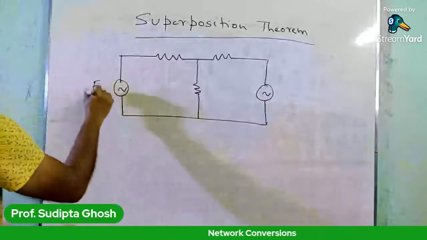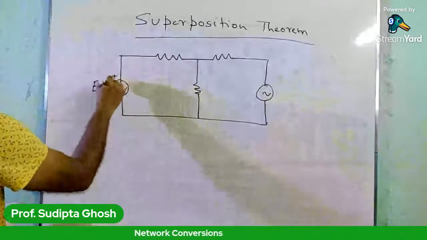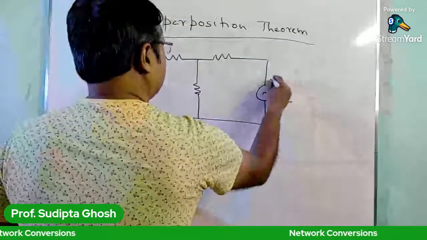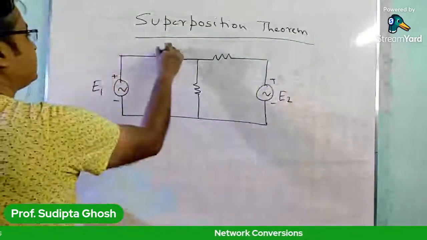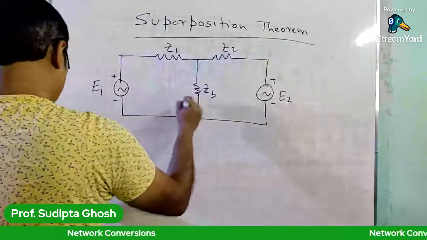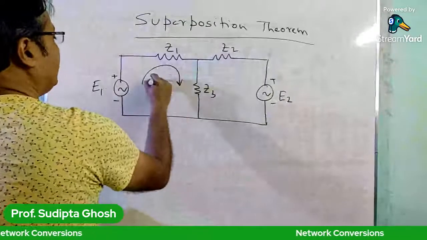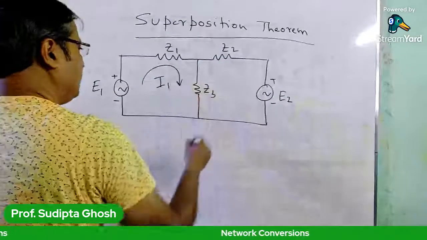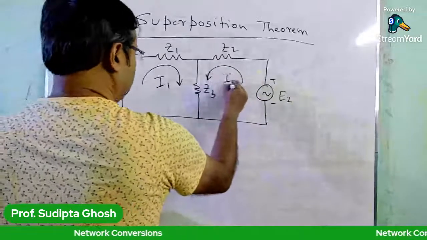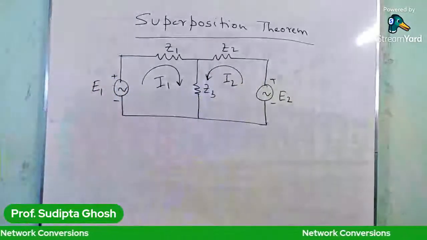The two different energy sources are E1 and E2, and the impedances are Z1, Z2, and Z3. We have a current I1 here and a current I2 flows here. Okay, so this is the problem.